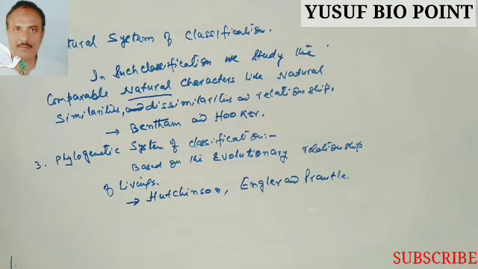They focused mainly on the evolutionary relationship, so it is called phylogenetic. So these are the systems of classification: first one artificial, second one natural, and third one phylogenetic system of classification.